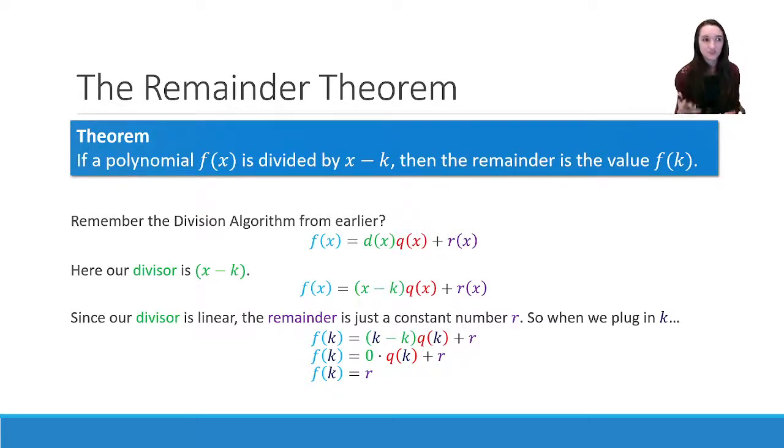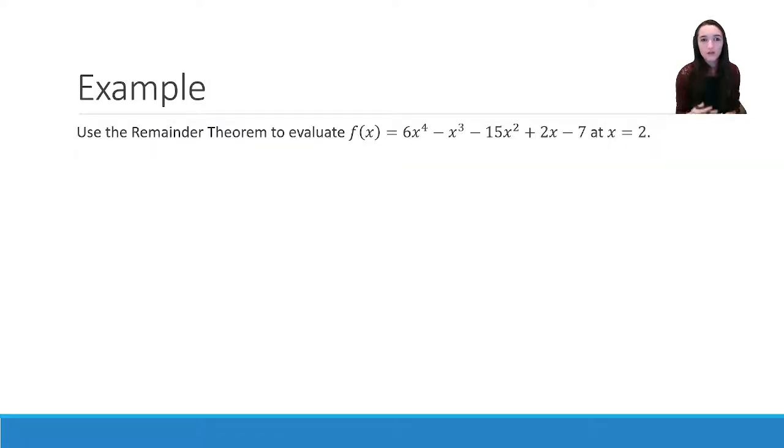How would you apply this to a problem? Well, if I wanted to use the remainder theorem to evaluate f of x equal to 6x to the fourth minus x cubed minus 15x squared plus 2x minus 7 at x equals 2. If you're asked to evaluate a function at a point, it means plug it in.